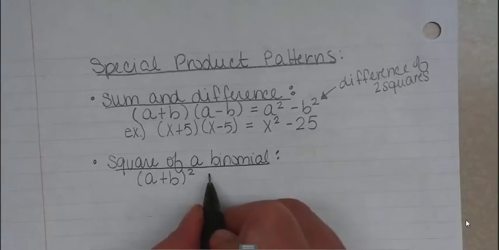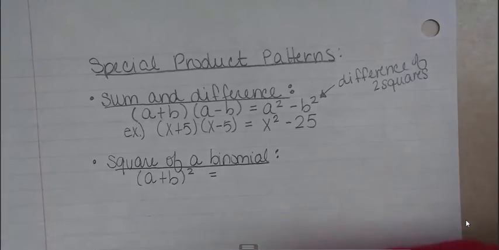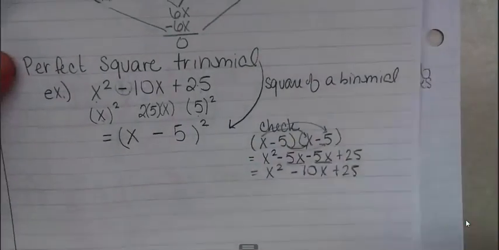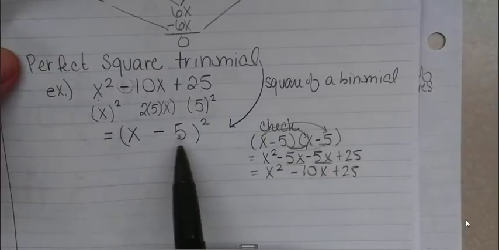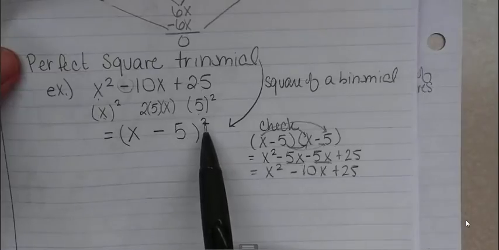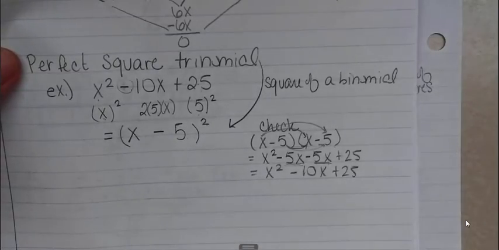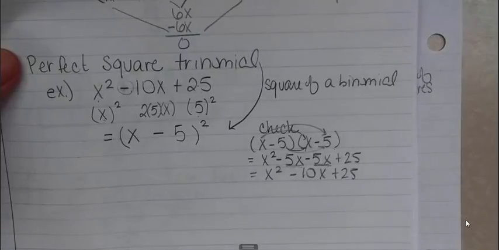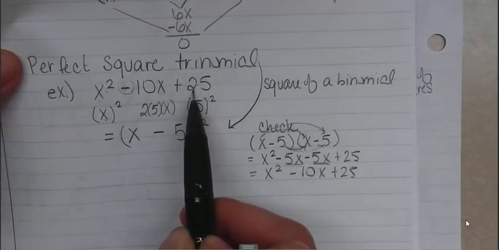Okay, so here's how you can do this quickly, or you can write it out and distribute, just like we did on our factoring friends, right? I have x minus 5 times x minus 5. That's the same thing as x minus 5 squared. What I've already seen some of you guys doing is just saying, oh yeah, that's x squared minus 25. No. Or x squared plus 25. No. It's x squared minus 10x plus 25.